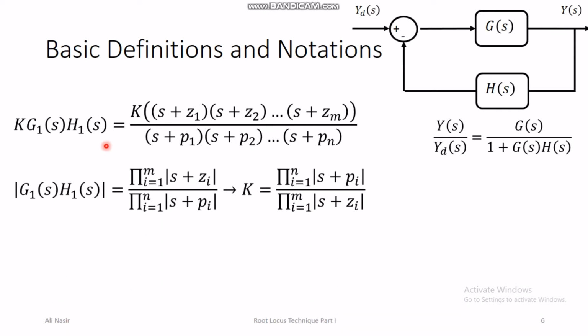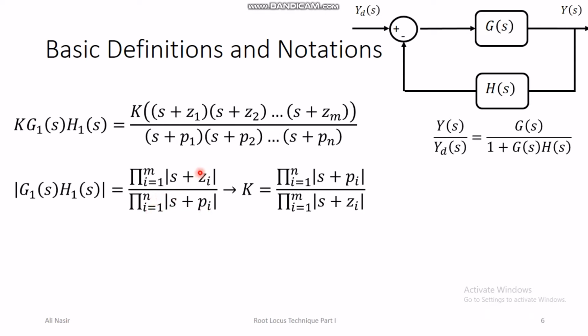The reason why I am talking about this is because I want to rewrite the magnitude condition in terms of another format. So the magnitude of g1 of s and h1 of s is basically the product of magnitudes of s plus zi, where i goes from 1 to m, divided by the product of magnitudes of s plus pi, where i goes from 1 to n.